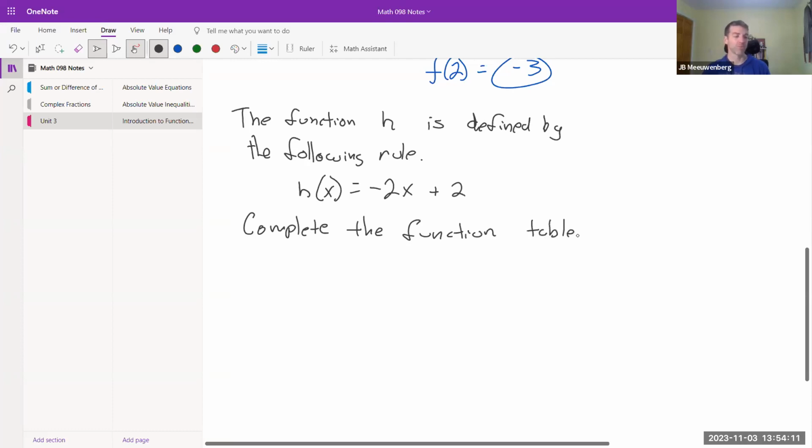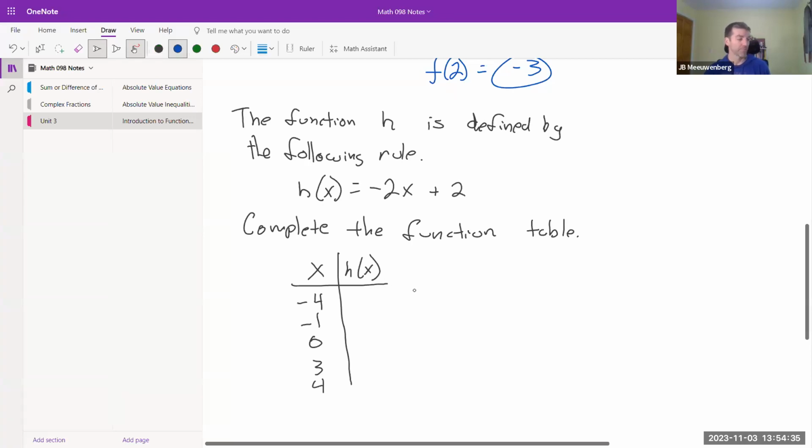This is really the same thing we did a couple minutes ago. Here would be your x column, but instead of y, you'll see h of x. And then you might have several values here: negative 4, negative 1, 0, 3, 4. And you would have to calculate the value of h of x for each of these numbers.